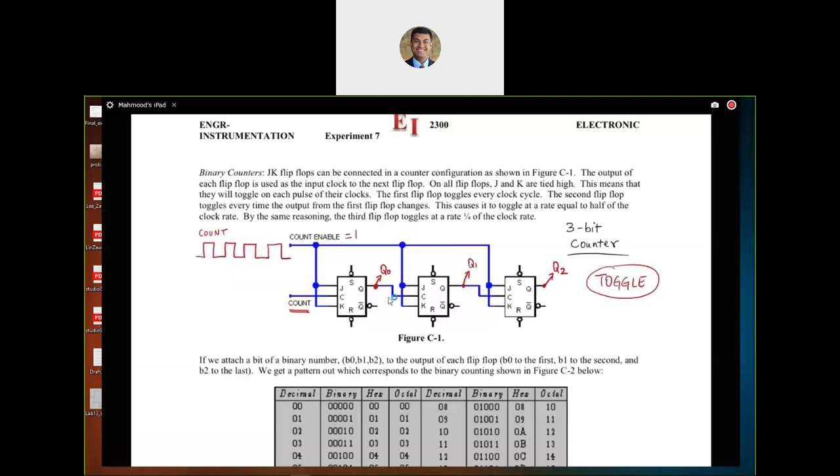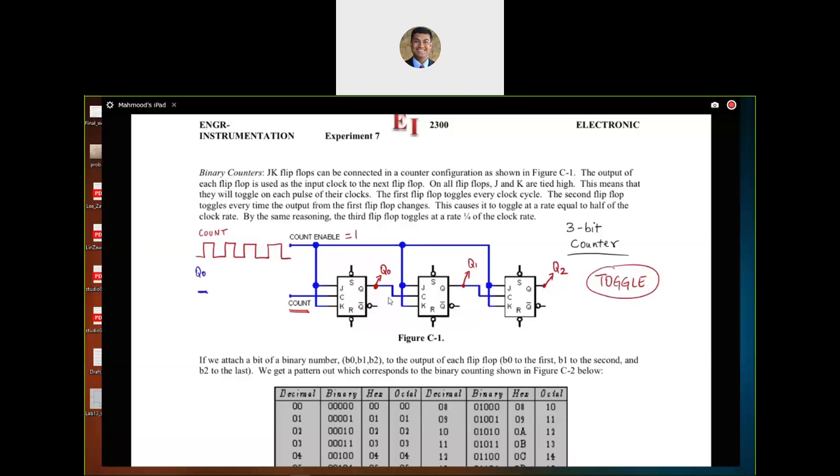And just to make our lives a little bit simple, we are going to assume that we have a starting Q0 of 0. So I can use the clear input and make all the outputs low.